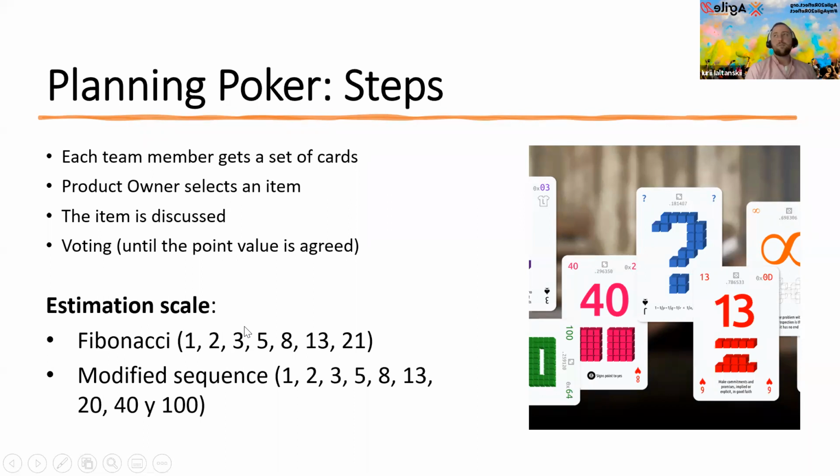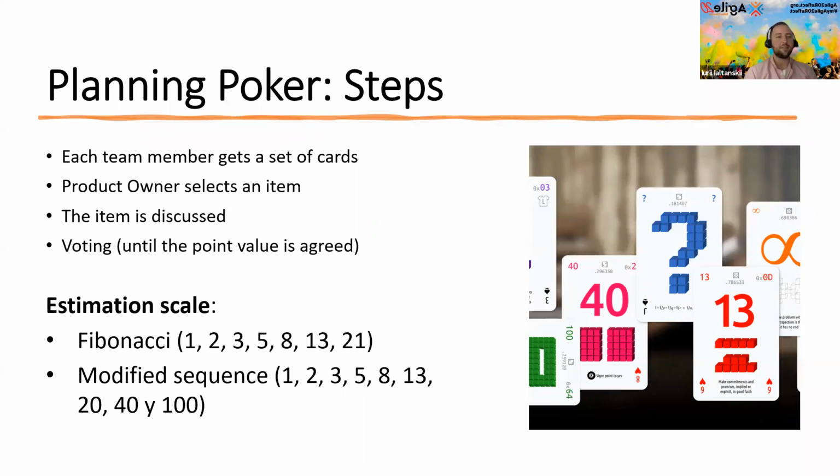But imagine that we have 5 persons, and 2 persons showed us 5 and 3 persons showed us 3 points. In this case, we need to discuss why the persons chose this instead of agreeing on some minimal number, or why it's complicated.